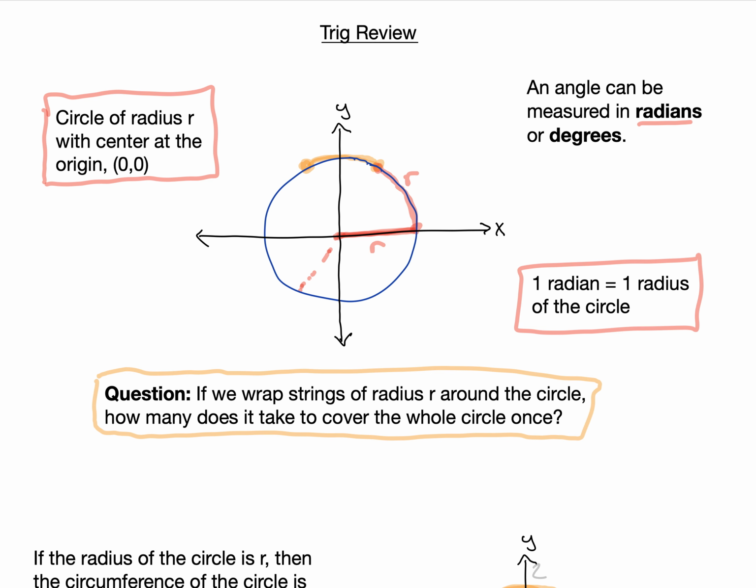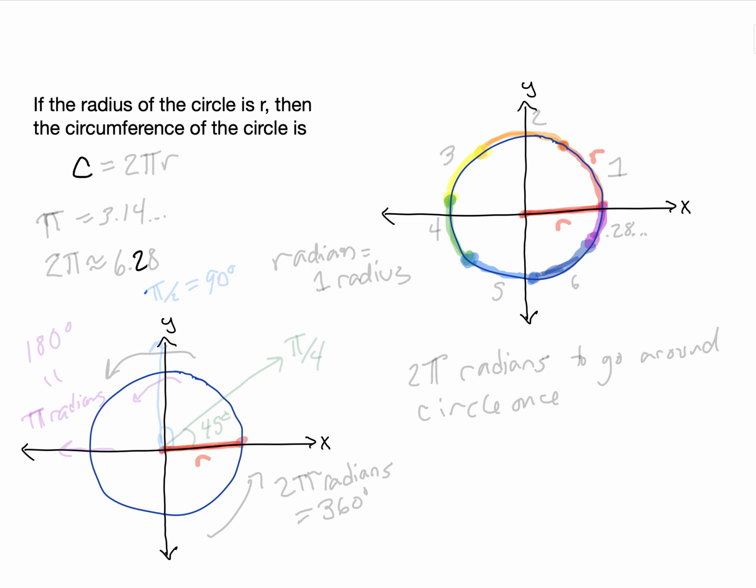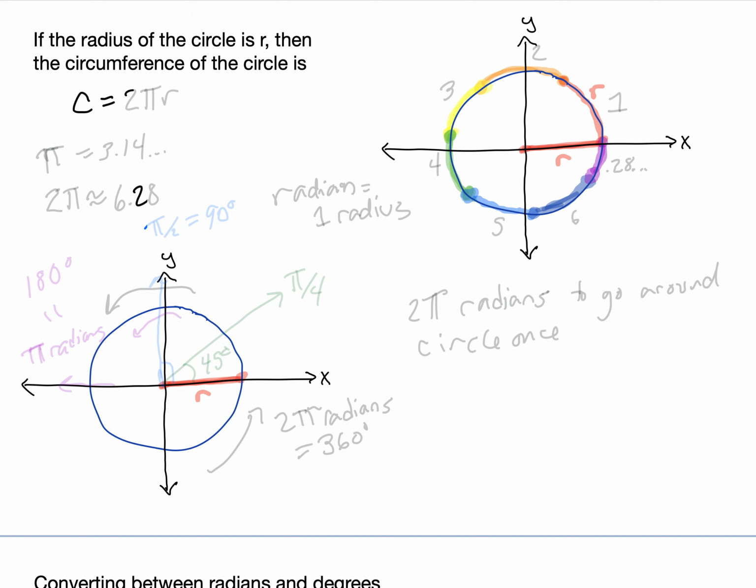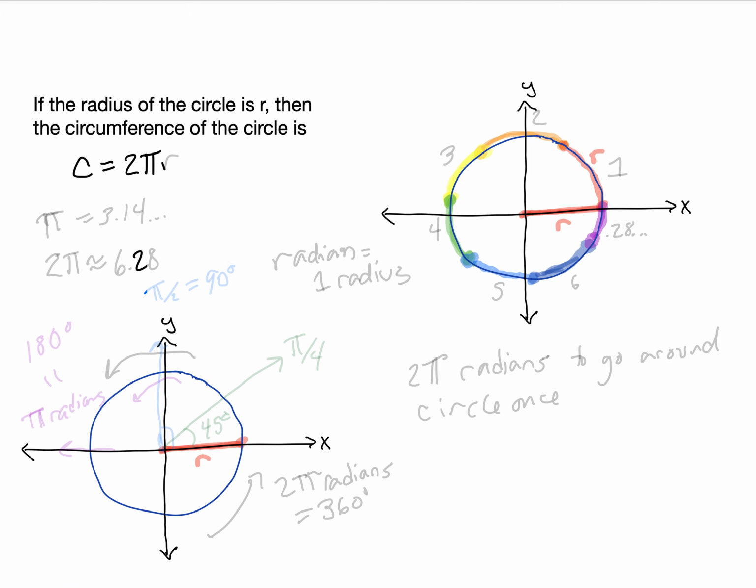It might help to think about the formula for the circumference of a circle. Think if you can remember what that is and try to estimate how many strings of length r it takes to wrap around the circle of radius r. You may recall that the circumference of a circle with radius r is 2 pi r.